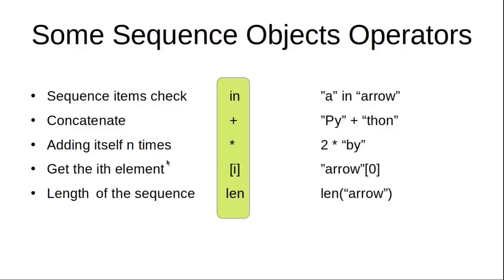Adding itself n times: 2 times 'pi' will give me 'pipi'. Get the ith element: the zeroth element of 'arrow' will return me 'a'. Length of a sequence: len of 'arrow' will give me 5, 1, 2, 3, 4, 5.